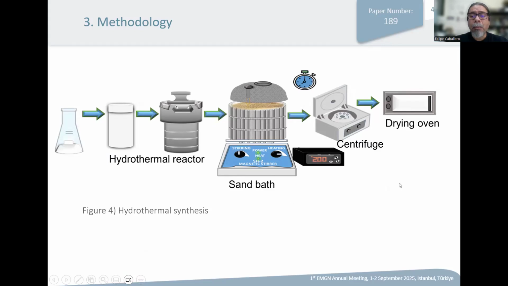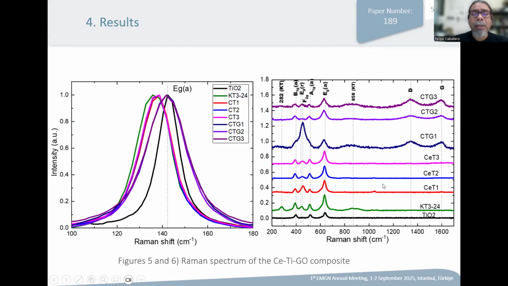We prepare our materials by hydrothermal reaction. We mix all the components first, and then we use this setup to produce the materials. In the first case, we have different materials prepared. We depart from commercial titanium oxide, which is modified hydrothermally by adding potassium hydroxide, and then potassium titanates are produced.